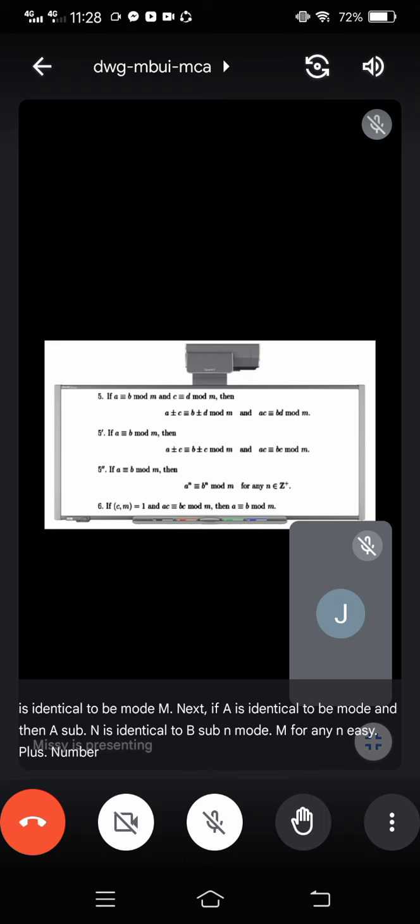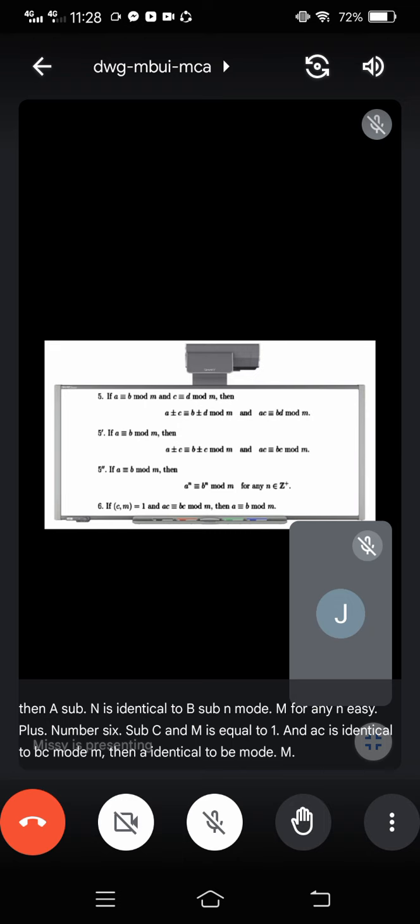Number 6, if gcd of c and m is equal to 1 and ac is congruent to bc mod m, then a is congruent to b mod m. That will be all.